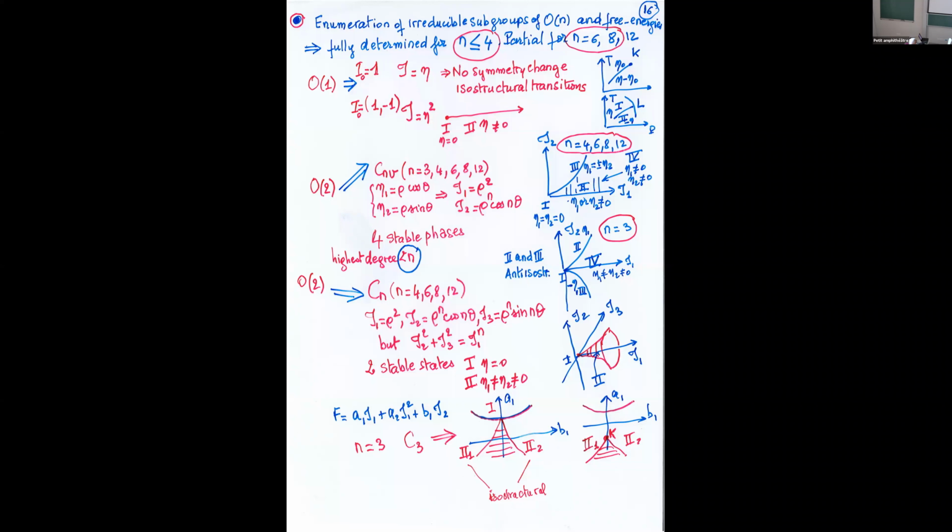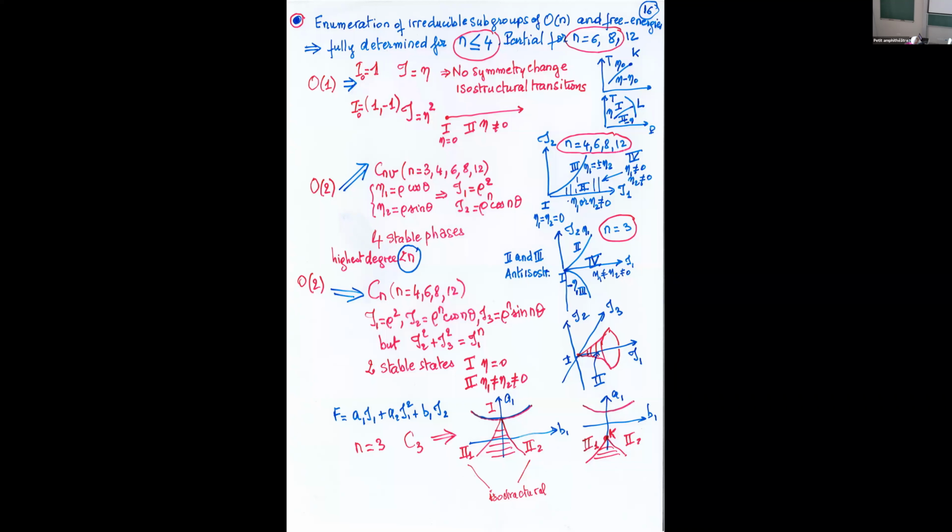Let's generalize my notation and use the letter eta to denote the order parameter. So the basis of integrity is eta. So we have all the powers of eta: eta squared, eta cubed, eta fourth. And this is interesting because it is, for example, the transition between liquid and gas.